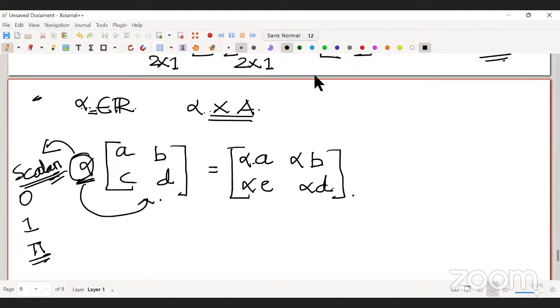When you are only dealing with reals, then certainly you can say that alpha is a real. But whatever we are discussing is not restricted to only reals. We can define it for many general fields.